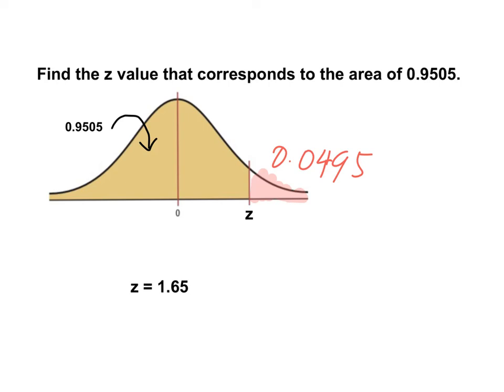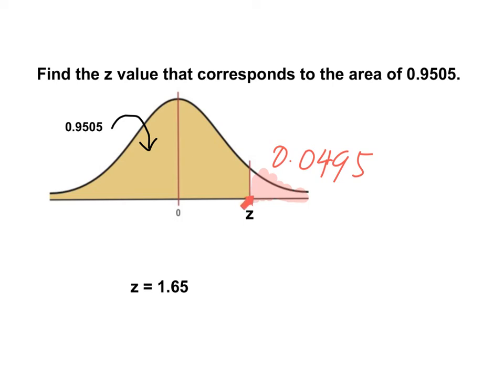If it says I want this, you're actually going to have to look up, if it says to the right, because the z-score is still going to be this. So I would actually have to look up 1 minus this if it's to the right. So when it's to the left, like this problem was, you can just look up the score and figure it out.